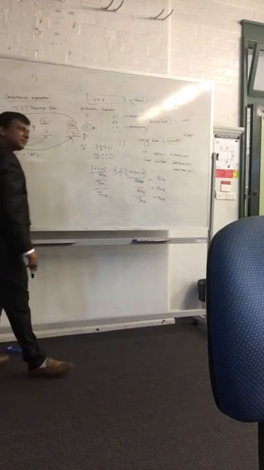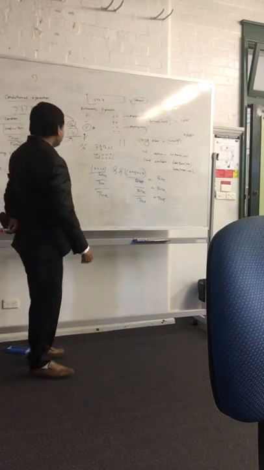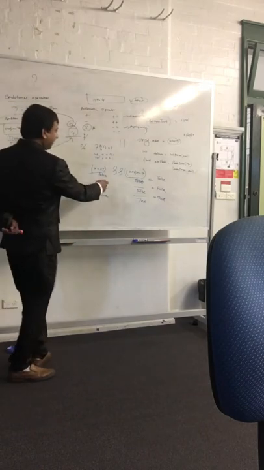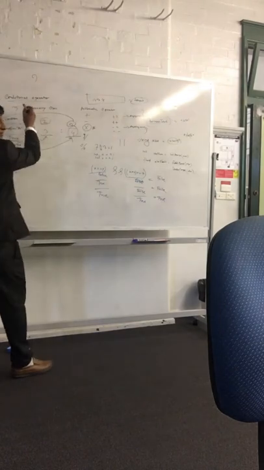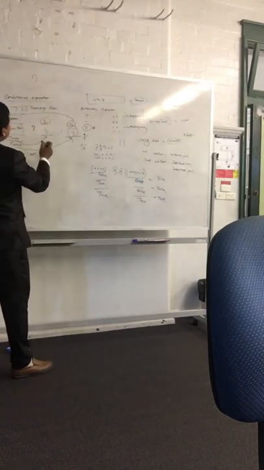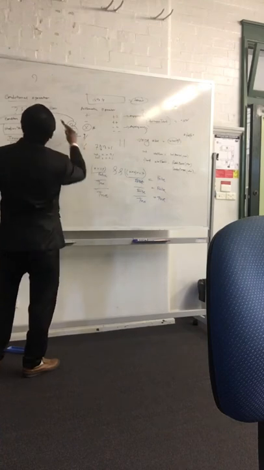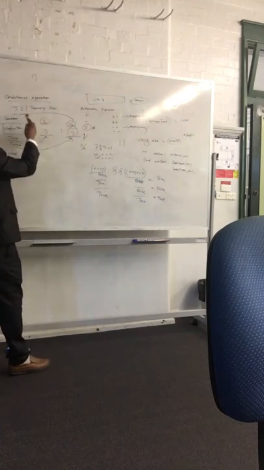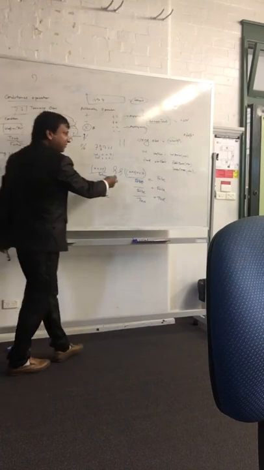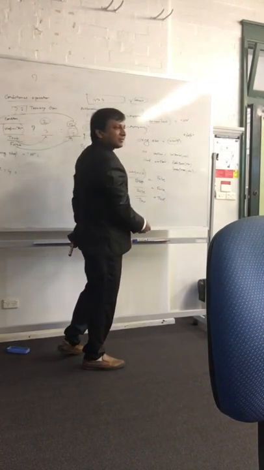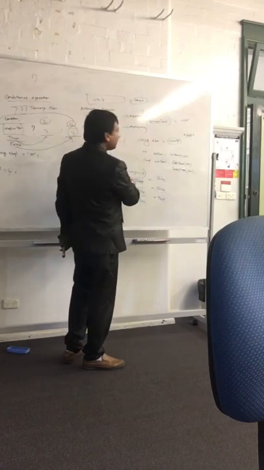Is that logical? These are conditional operators. Oh no, yeah, these all are conditional operators. Sorry, I made a mistake. The ternary operator is a conditional operator, AND and OR are logical operators, and these are the arithmetic operators.